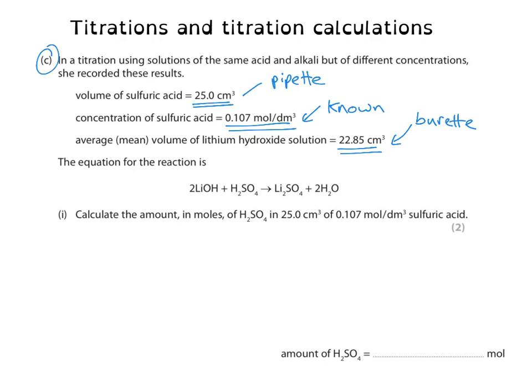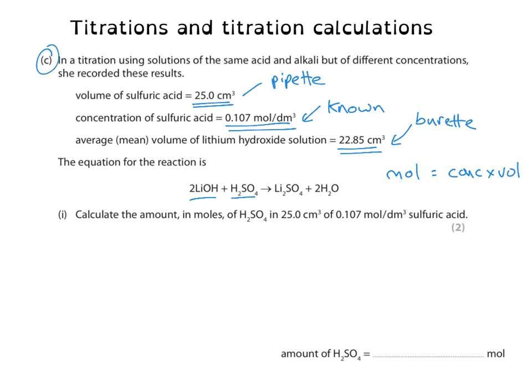I'm going to go via moles. Moles equals concentration times volume. That's a rearrangement of what we did before. To get from moles of this to moles of this, I can therefore work out concentration of my unknown.